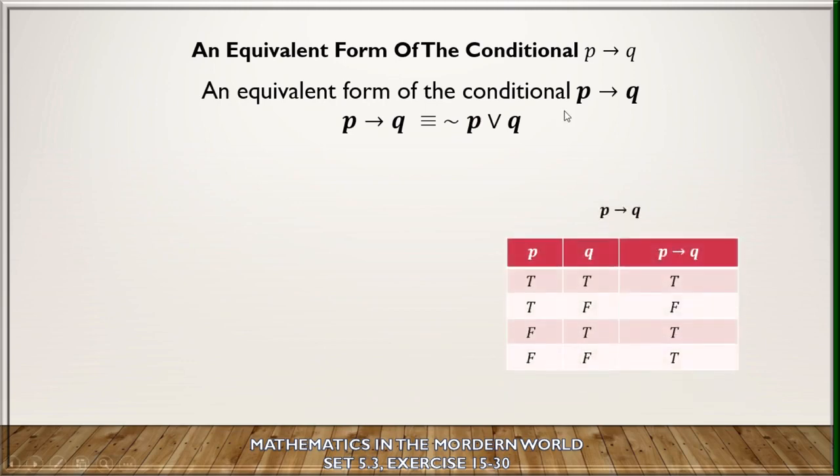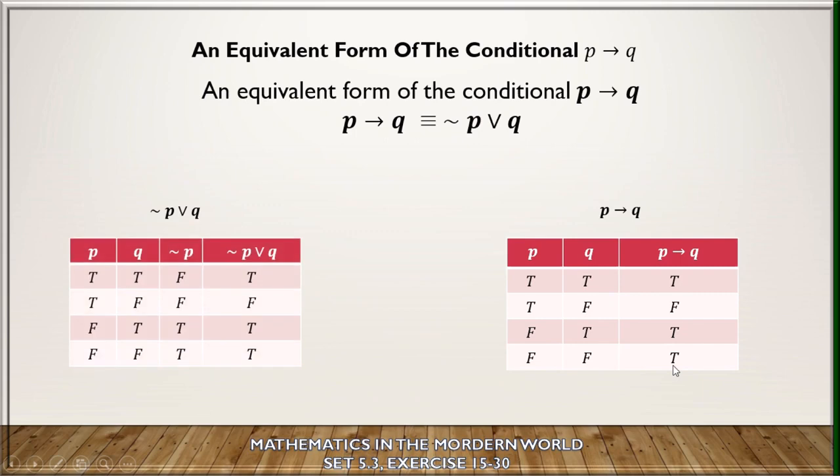So we have the table of this conditional P then Q. So the result is true, false, true, true. And we have the truth table for the disjunction of not P or Q. So it is the same. It's true, false, true, true.